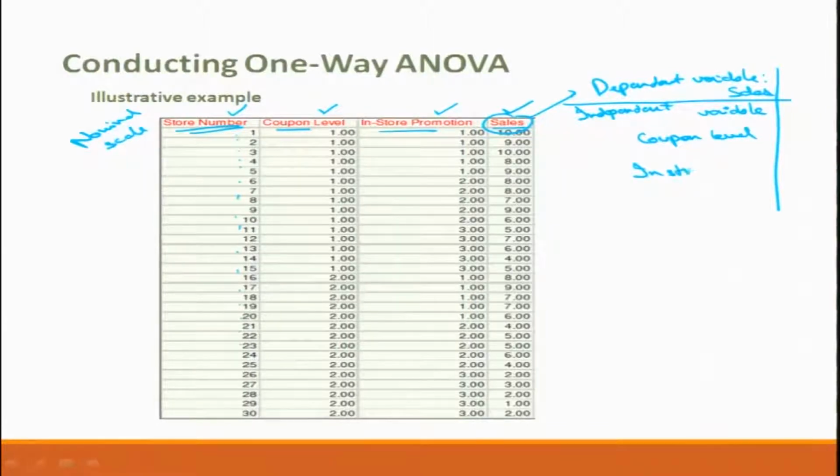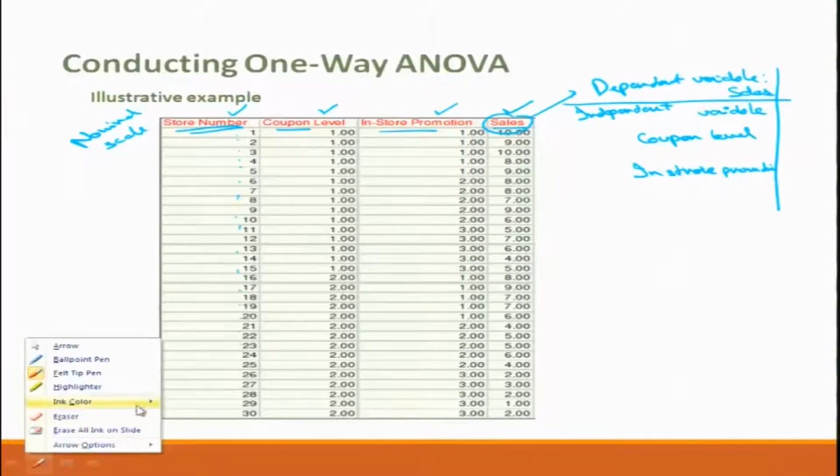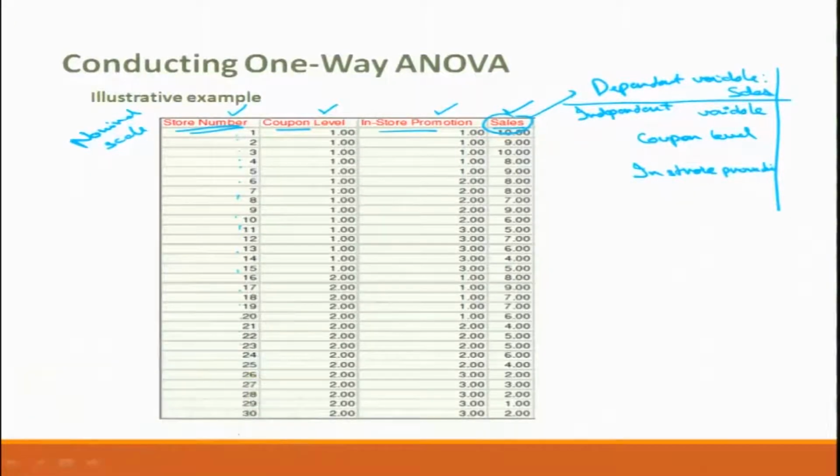If we see this, we can put the types of scales here, that is metric or non-metric. The dependent variable, the sales, is on a metric scale. I will put the scale here, it is interval scale. And the coupon level is nothing but categories, and in-store promotion is also categories.